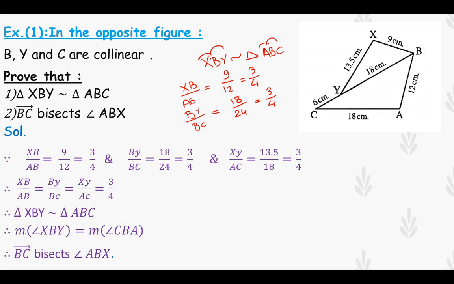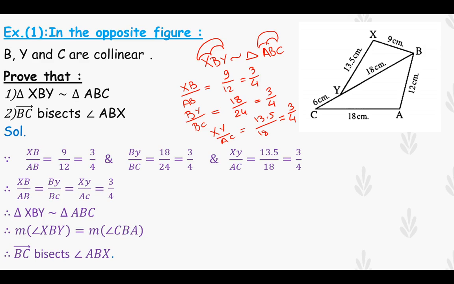And the last one, we will find the ratio XY over AC. XY has length 13.5 over AC, its length 18. By using your calculator, in the simplest form, it will also be 3 over 4.